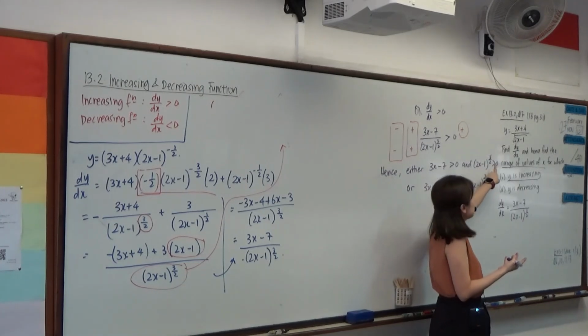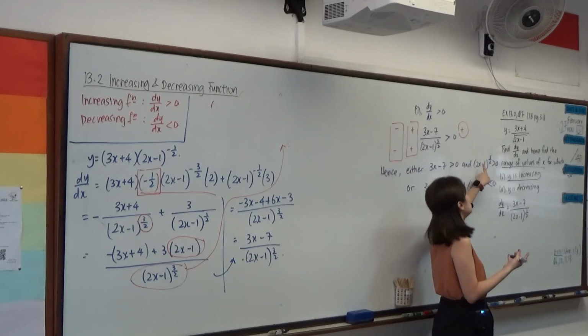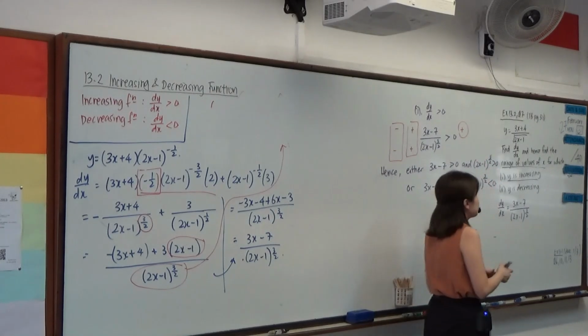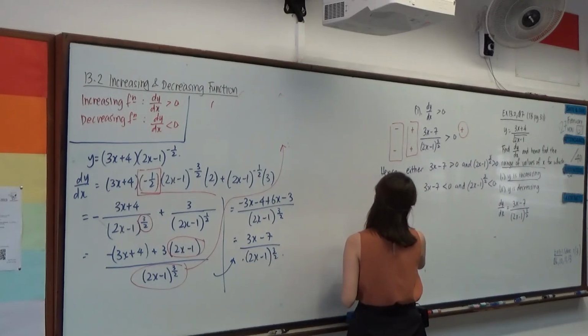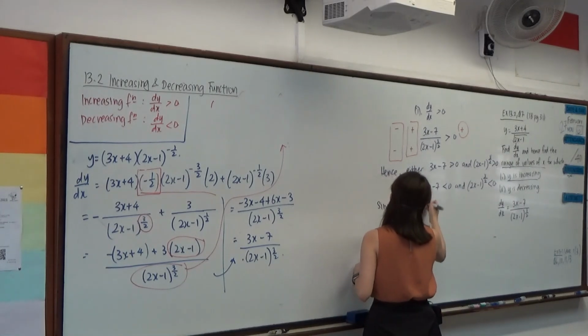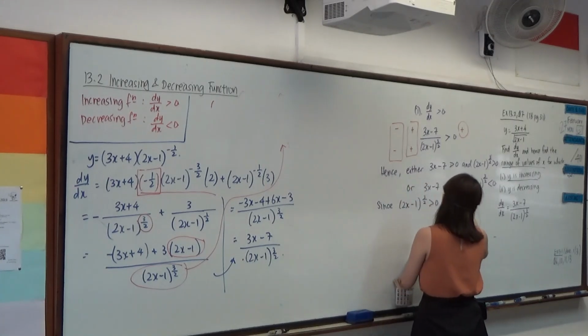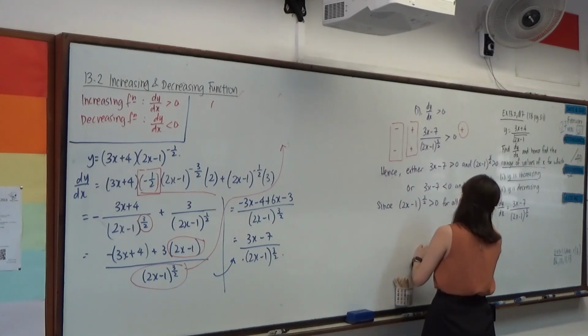You understand? Having power of half means positive square root. Your value can only be positive. It can never be negative. So we say that (2x minus 1) to the power of 3 over 2 is more than 0 for all real values of x.